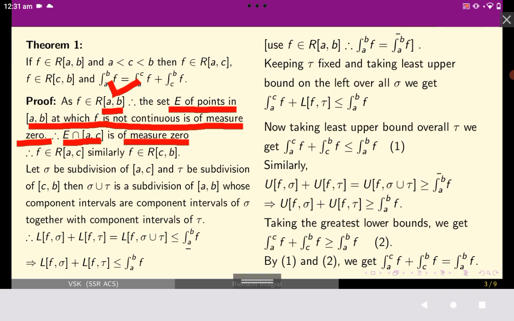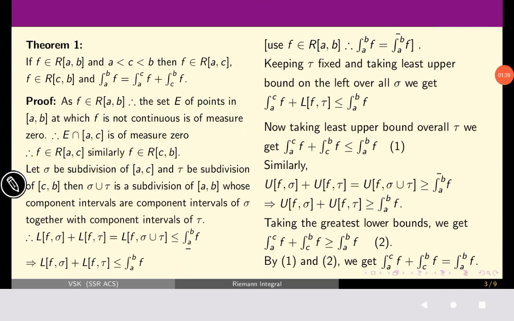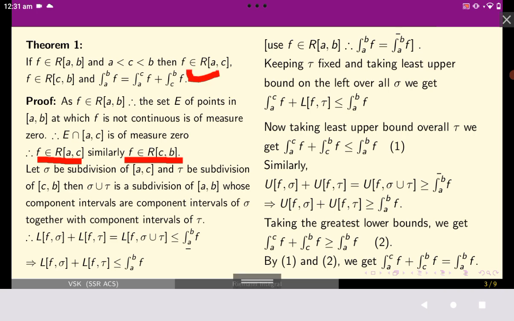Because of this, f is continuous almost everywhere on [a, c], and this implies that f is Riemann integrable on [a, c]. Similarly, we can prove that f is Riemann integrable on [c, b]. These two things we have shown.